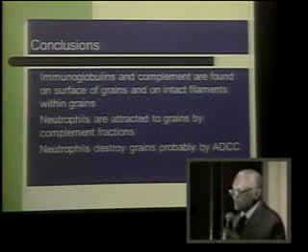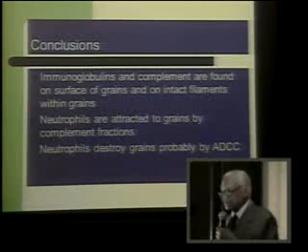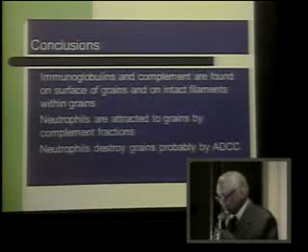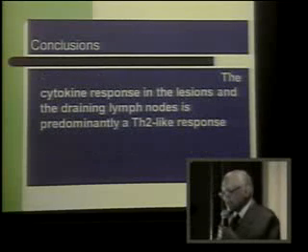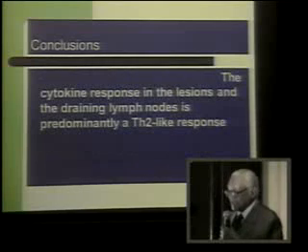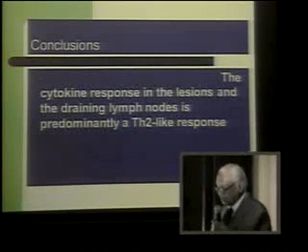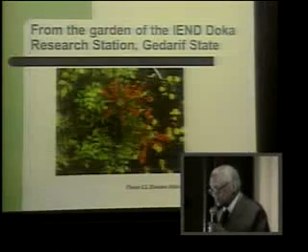Immunoglobulins and complement are found on the surface of grains and on the intact filaments within the grains. Neutrophils are attached to grains by complement fractions, and neutrophils destroy the grain probably by ADCC reaction. And the cytokine response in the lesions and draining lymph nodes is predominantly a type 2-like response.